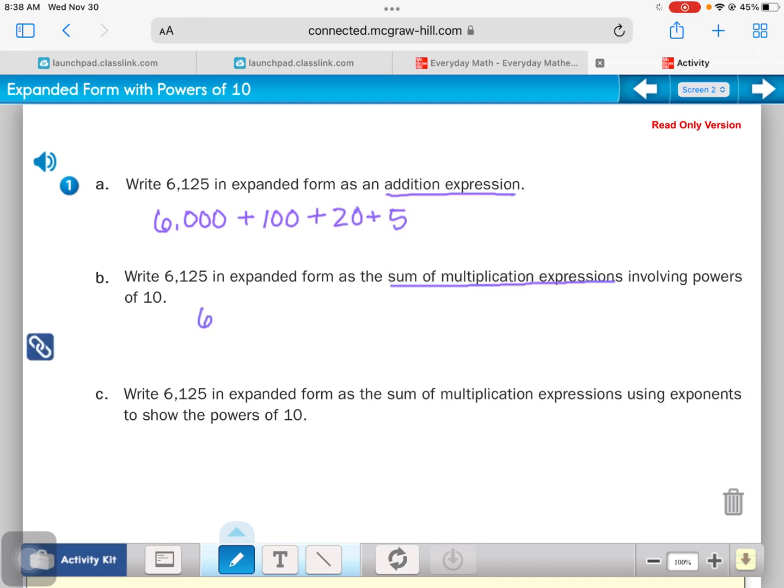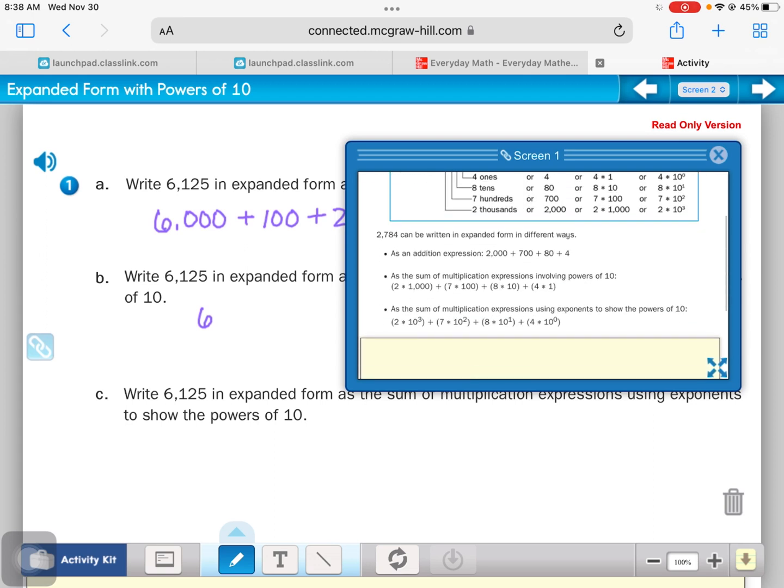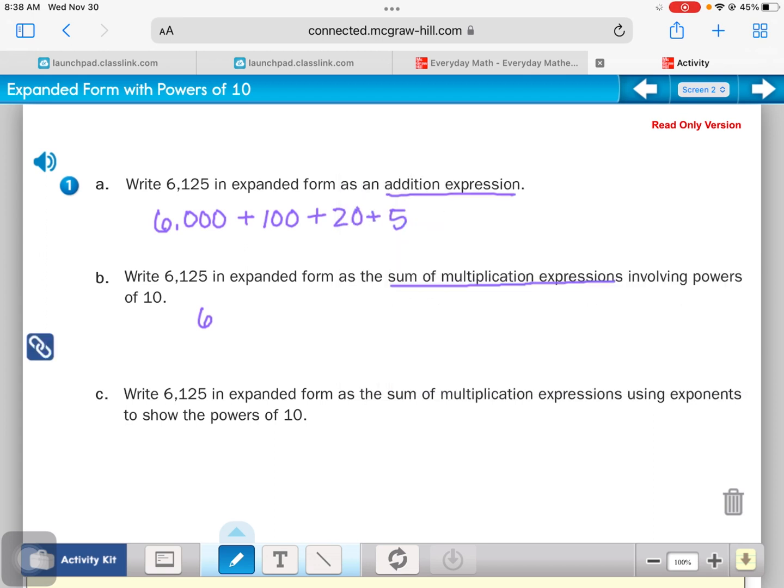So we're going to say 6 times 1,000 plus 1 times 100 plus 2 times 10 plus 5 times 1.